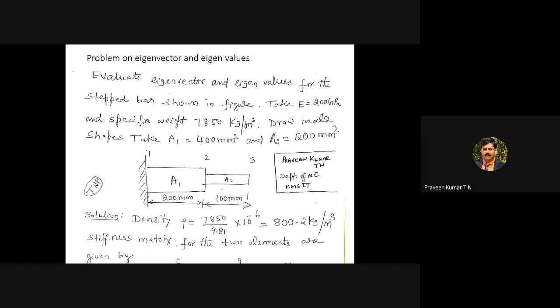Let it be that the fan runs at a frequency of 1000 hertz. So the fan natural frequency should not be 1000 hertz. If it is 1000 hertz, both will match, resonance will occur, and the whole system may fail. So that's why you have to find the natural frequency of the system. That is nothing but omega that you have to find in vibration.